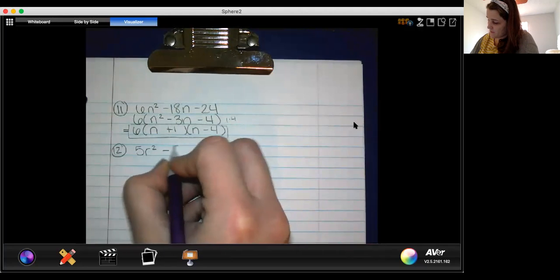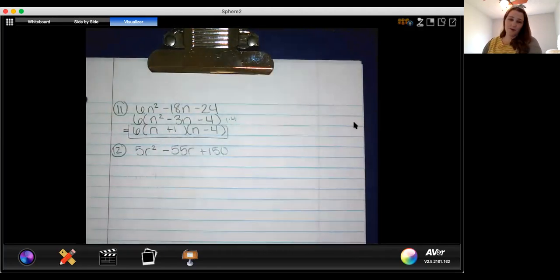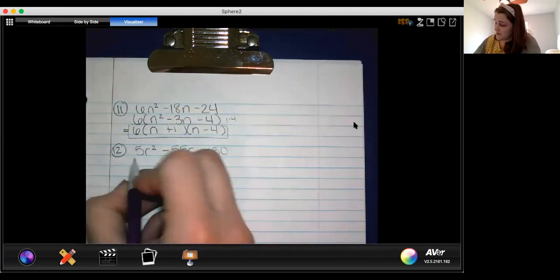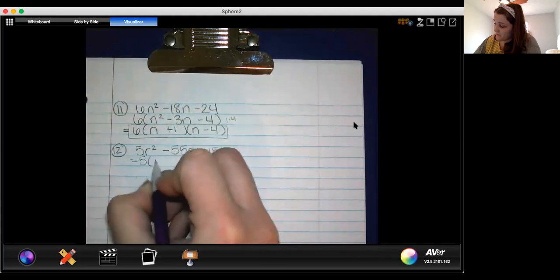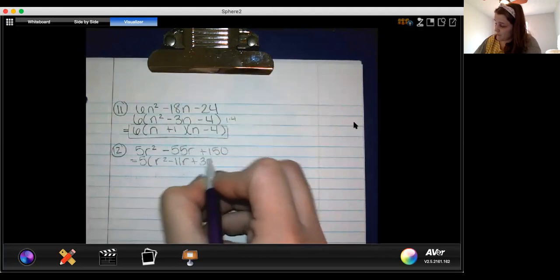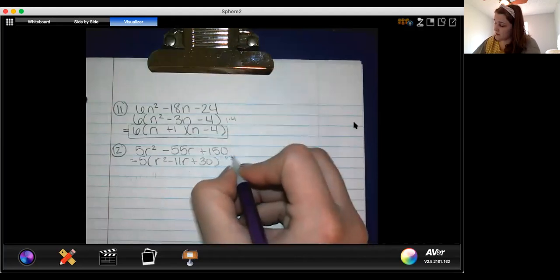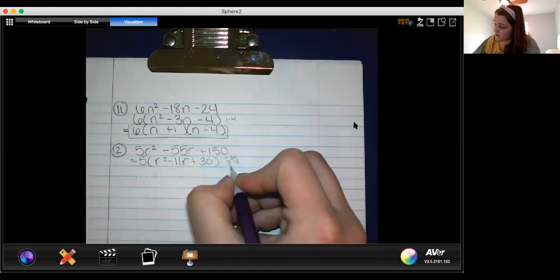Let's try another one. Okay. Hopefully right away you notice that these each have a factor of 5. We take out a factor of 5. Then we're trying to think of factors of 30 that add to 11.